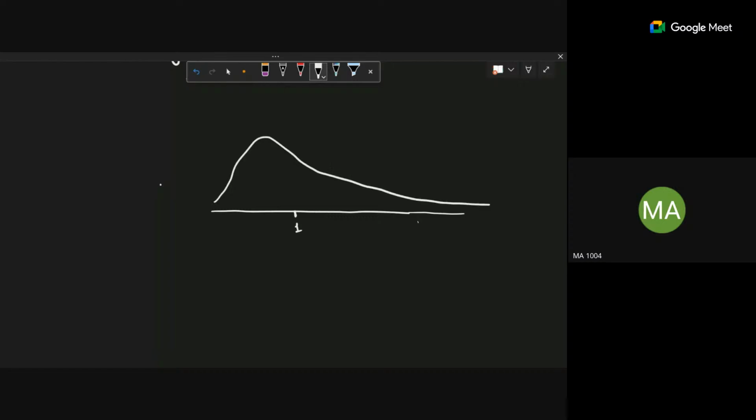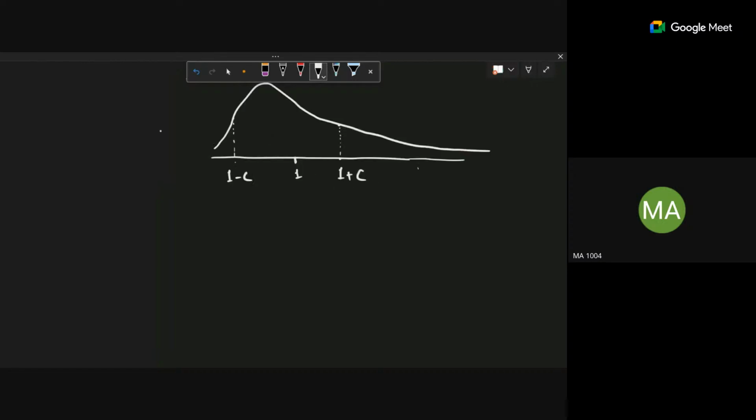Whenever we set our acceptance and rejection region, we bound it like this. So the boundaries look like 1 plus C and here 1 minus C. And these are ultimately our critical values.